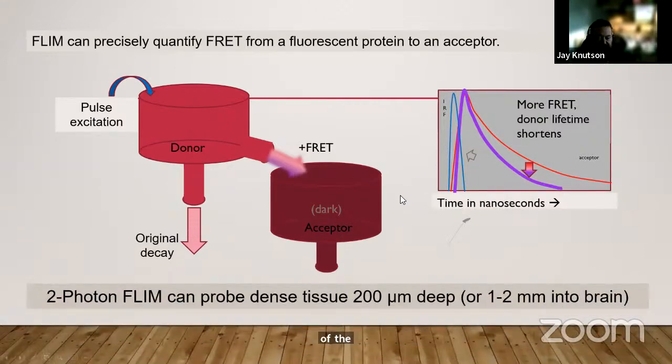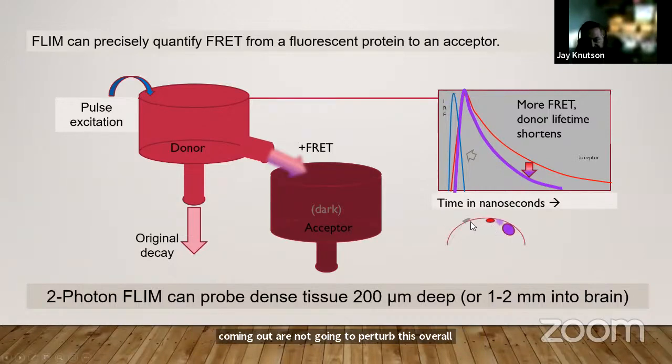I'll remind you that this is something that we could do even in tissue, perhaps even a millimeter or so. And the small changes in the path length of photons coming out are not going to perturb this overall picture of a shortening lifetime.